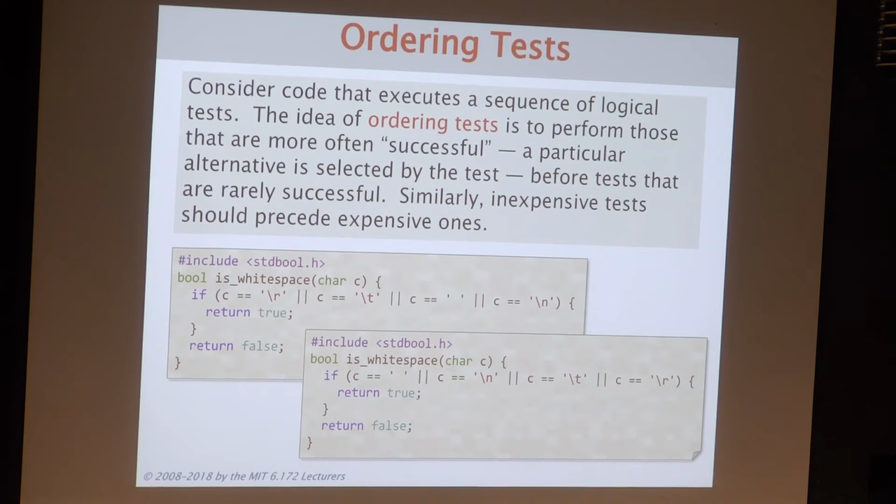Next, the new line character I have as the second test because these are also pretty frequent. You have a new line for every new line in your text. Then less frequent is the tab character. And finally, the carriage return character isn't that frequently used nowadays. So now with this ordering, the most frequently successful tests are going to appear first.